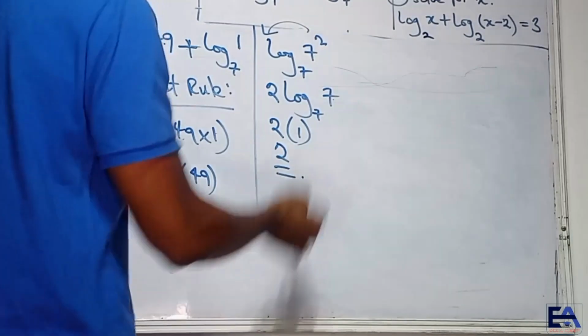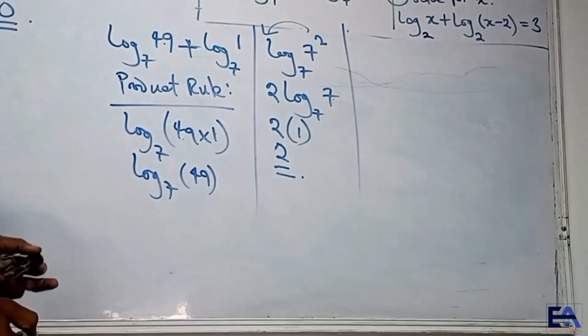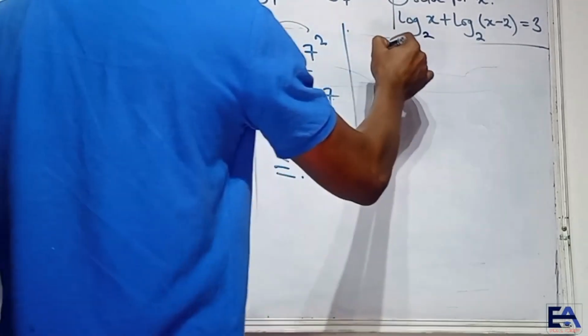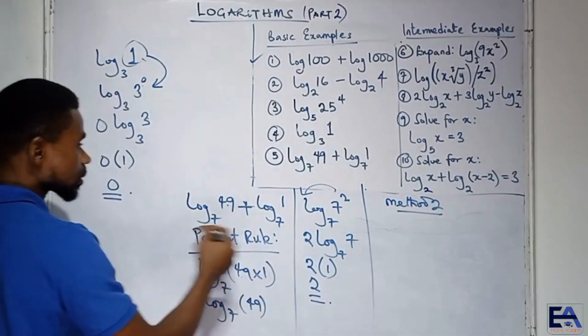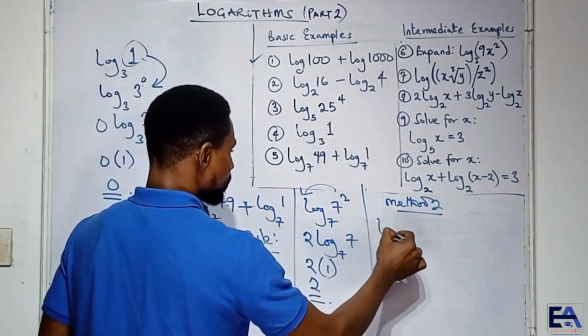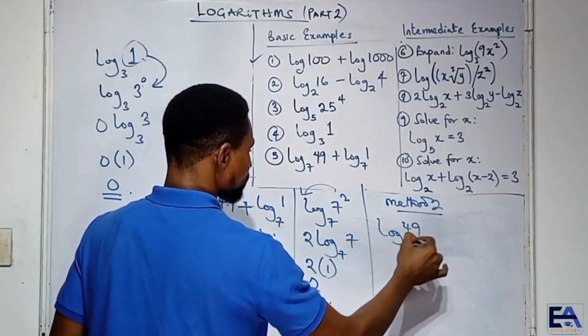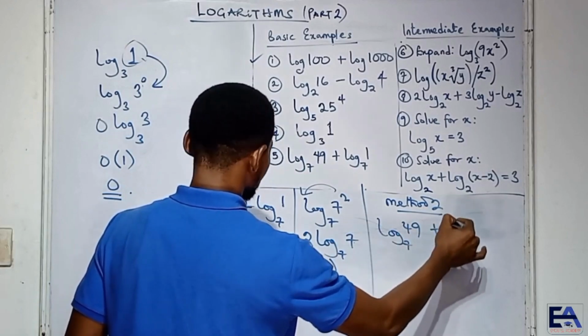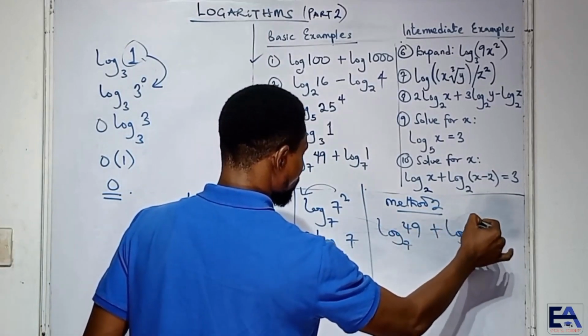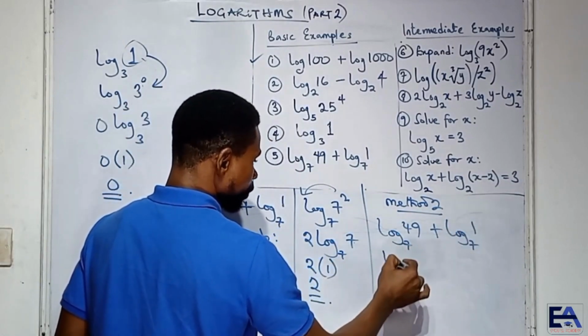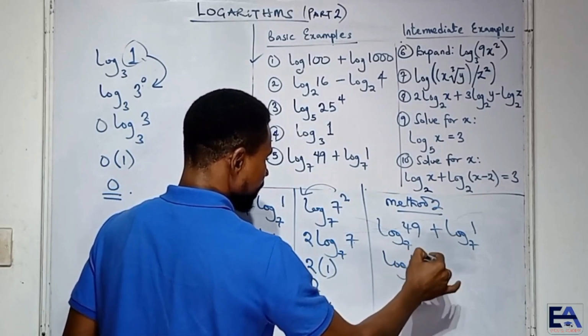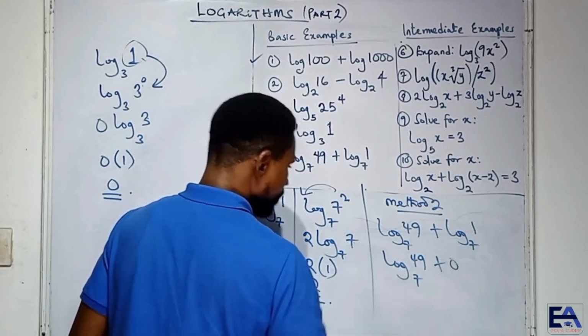But if you do not want to solve it this way, another way you could have done it is to have this as logarithm of 49 to base 7 plus logarithm of 1 to base 7. I told you that logarithm of 1 is always 0. So you have logarithm of 49 to base 7 plus 0. No problem.